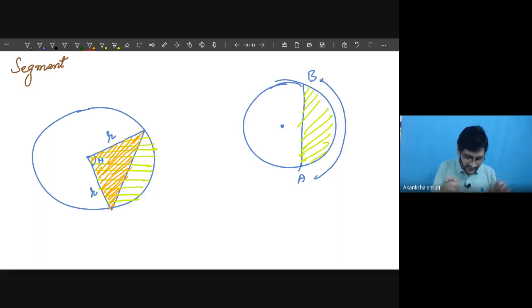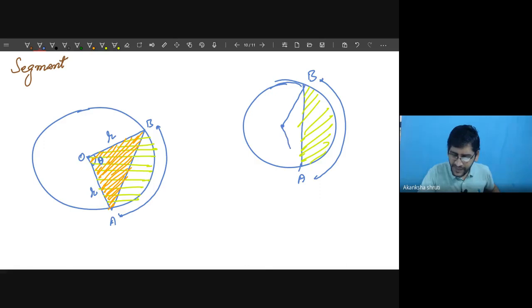Student, very easy. Just keep an eye on what I am doing. Everything you can quickly understand. So in this case, if we are interested in knowing this arc, the theta angle is considered at the center. So even though it is the segment, for determining this chord length, if the chord length is not given, then you will surely be given the angle made by this chord at their center.